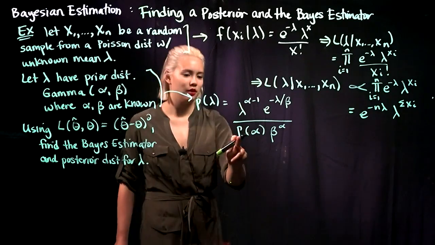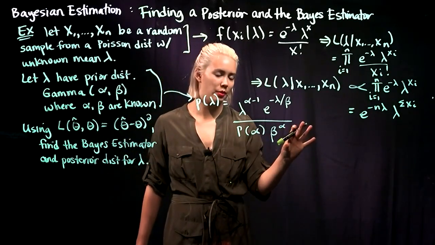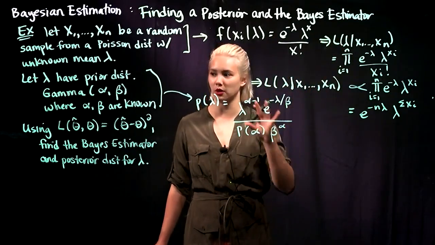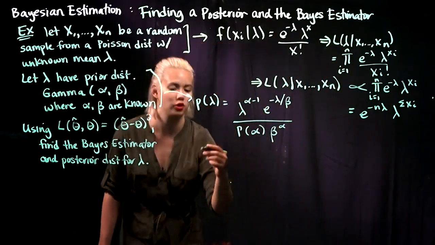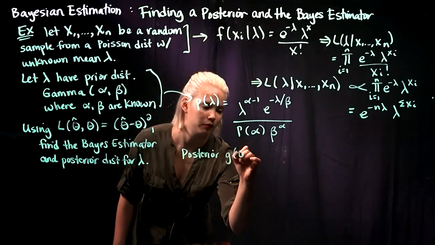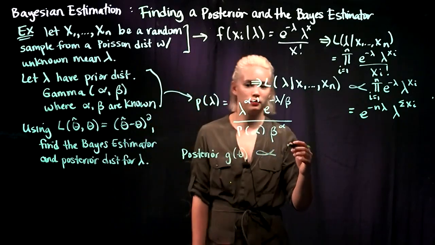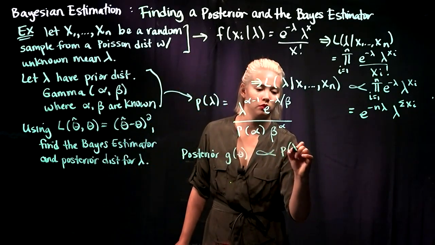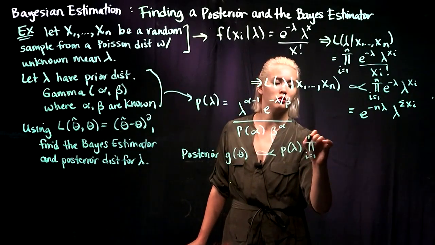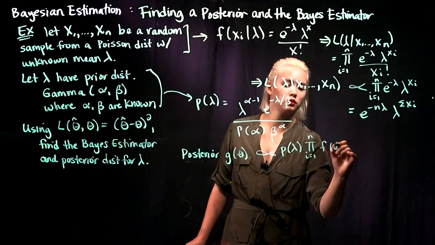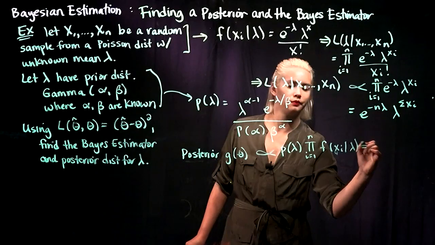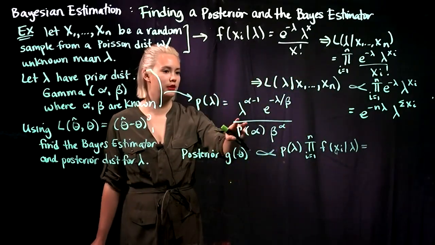Again, these are just constants, so we can drop them. It doesn't matter. We have our likelihood, we have our prior. Now we can multiply them by each other to get our posterior distribution. So let's plug these in.